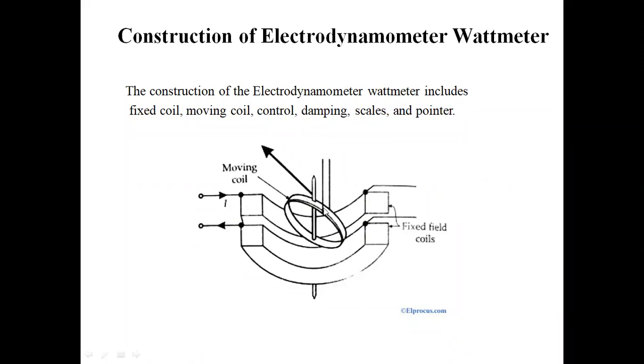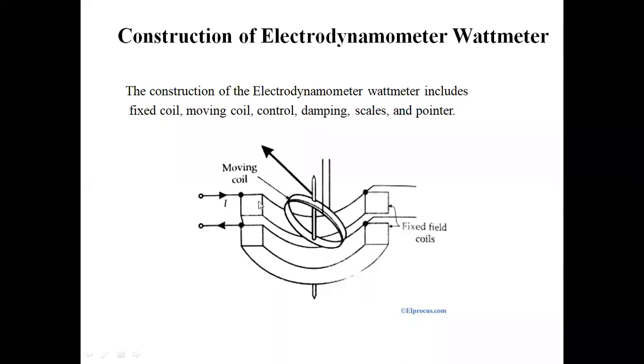The fixed coils are divided into two equal parts, connected in series to the load. Therefore, the load current is flowing between the two coils. So a considerable amount of current is flowing through these fixed coils of an electrodynamometer type wattmeter.